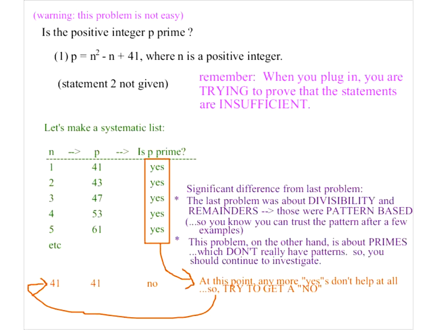If you have any multiple of 41, then you'll get a no. Because if you plug in any multiple of 41 for n, then you'll be able to factor a 41 out of this expression. So that's, sorry, P is not 41, P is 41 squared. And that's not a problem. So the difference here is you absolutely will not happen upon this solution by just plugging stuff in.